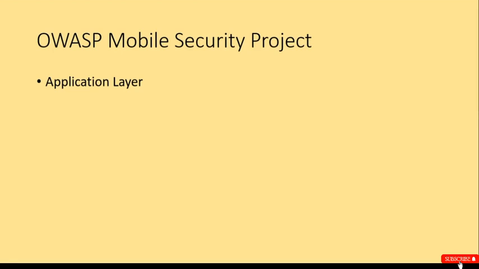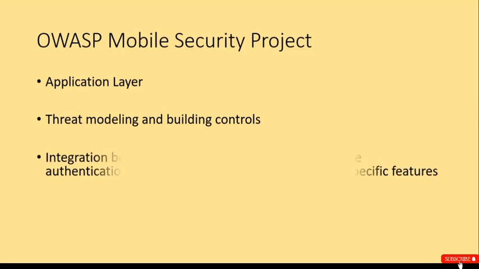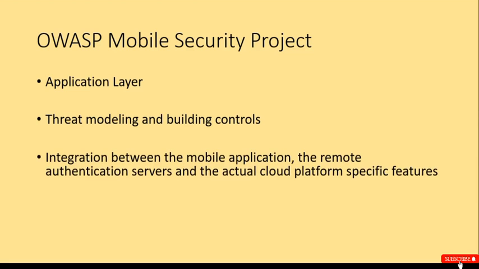Now their primary focus is at the application layer. They also take into consideration the underlying mobile platform, so the actual hardware itself, and also even the service provider risk whenever they are doing threat modeling and building controls, right? Now they also cover not only the mobile applications deployed on end user devices, but also the broader server side infrastructure which the mobile applications communicate with.